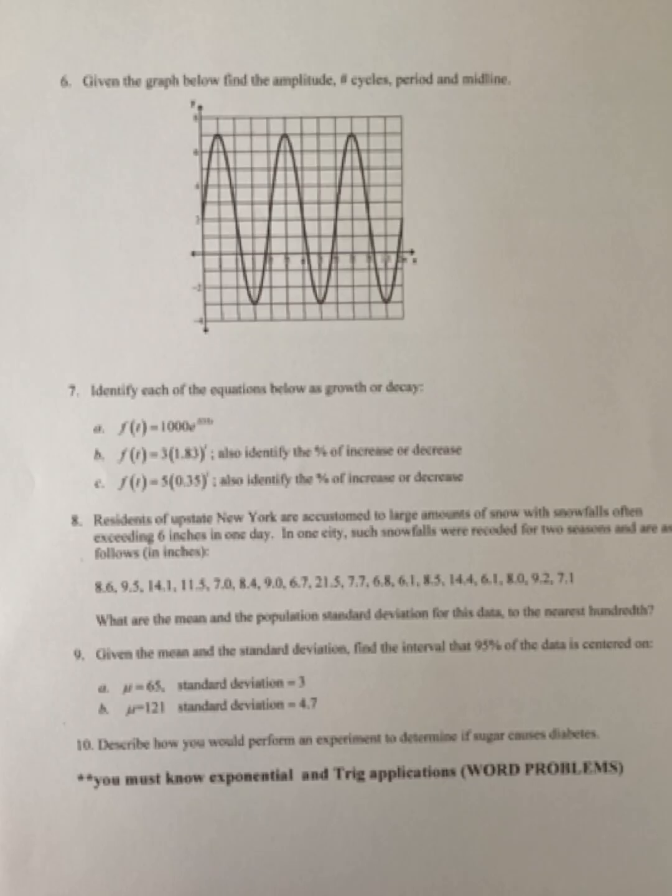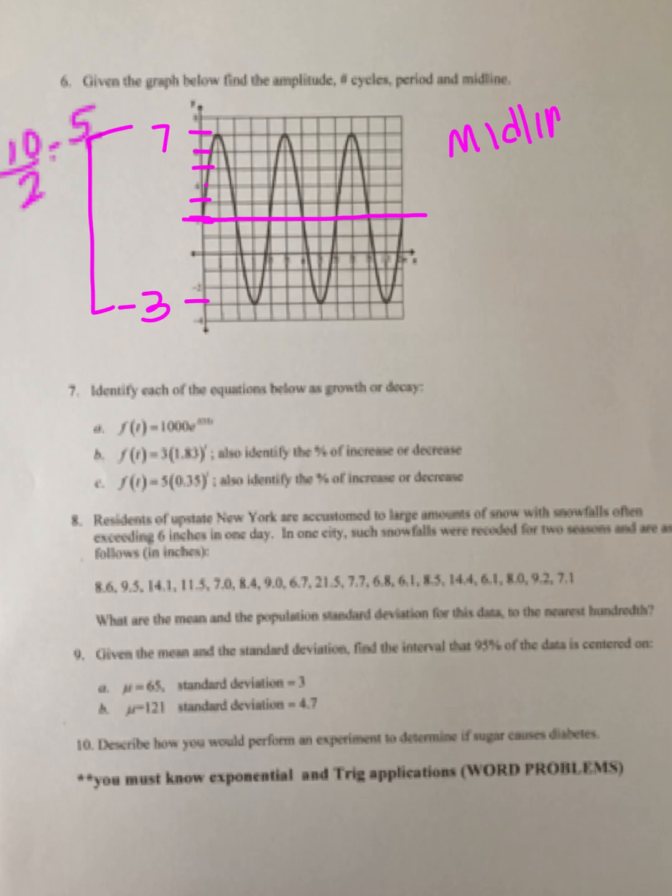Okay, so I would find how high and how low it goes first. So it goes up to 7 and down to negative 3. So that's 10. 10 over 2 is 5. So count 5 down or 5 up. 1, 2, 3, 4, 5. So that's the midline right here. So midline is y is equal to 2.